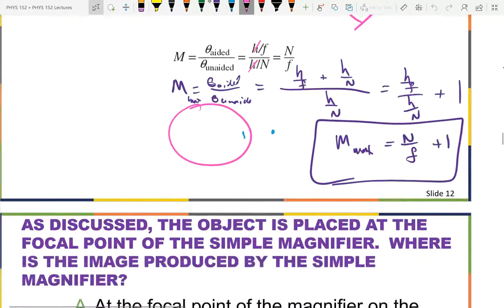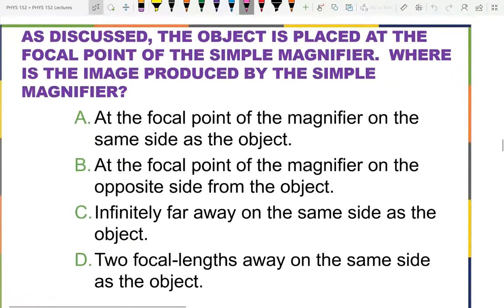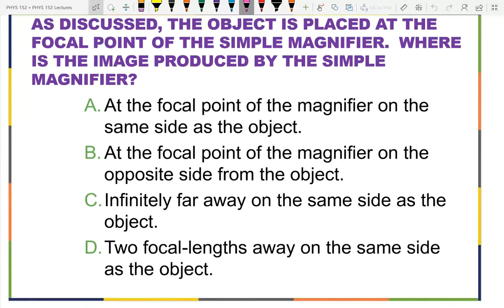Okay, now our next clicker question. As discussed, the object is placed at the focal point of the simple magnifier. Where's the image produced by the simple magnifier?